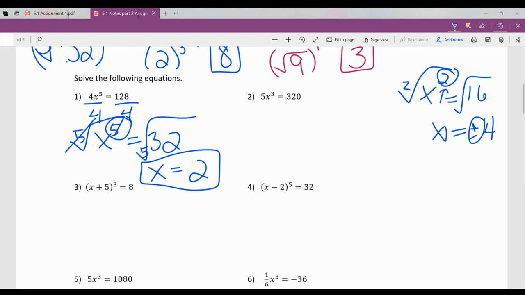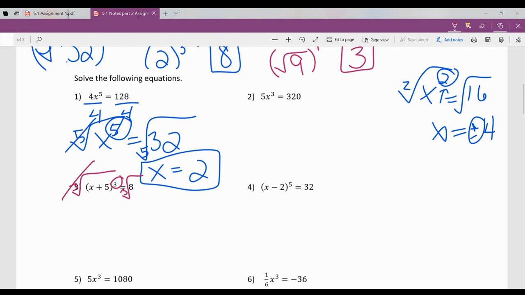Okay. All right, now on to the next one. We've got number 3. So I want to solve for x. This whole side is being cubed or raised to the third. So I want to first get rid of that exponent of 3. And the way that I get rid of an exponent of 3 is with a root of 3, the cube root.